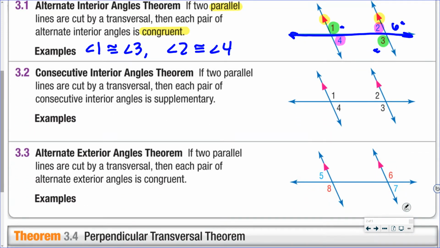All right. Here's the relationship between consecutive interior angles. If the two lines are parallel, and these arrows show that, and they're cut by a transversal, this one right here, consecutive interior angles, which means inside, that's why I only labeled those 4, inside on the same side of the transversal, are supplementary, meaning they add to 180.